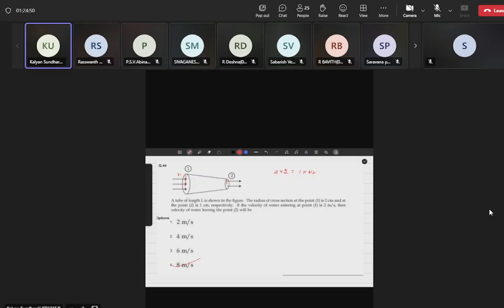From next class onwards, we'll solve questions chapter wise, starting from units and dimensions. If time permits, we'll see all the types of problems they will ask from the first chapter, and then the second chapter. So next class, just revise what you have studied in the first chapter. We'll use this completely for the revision classes.